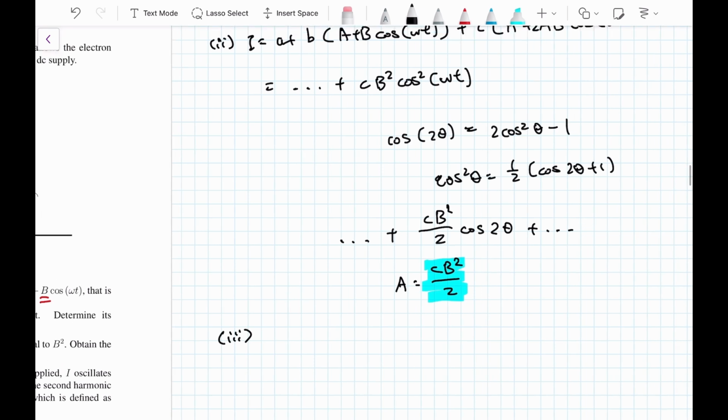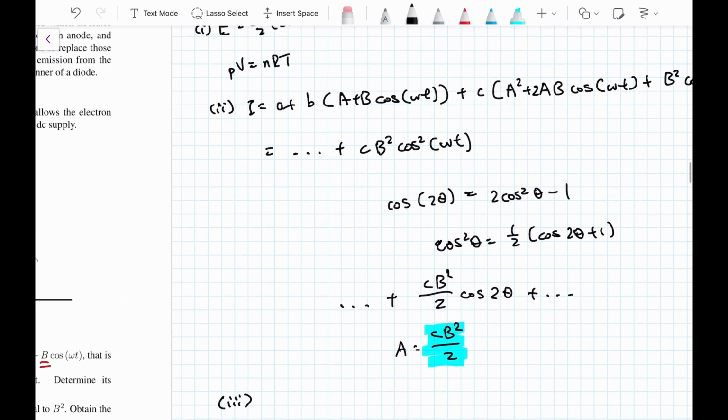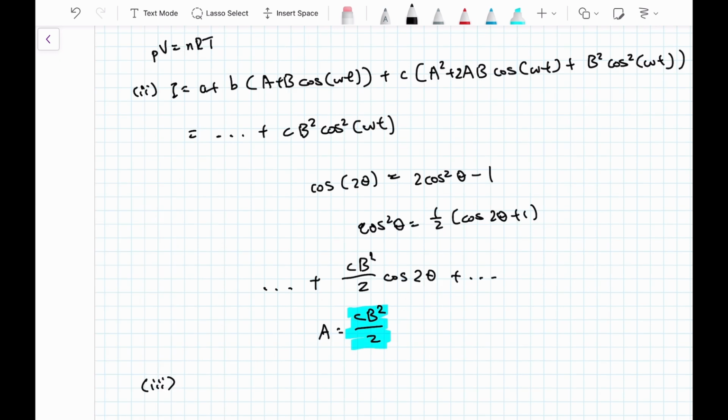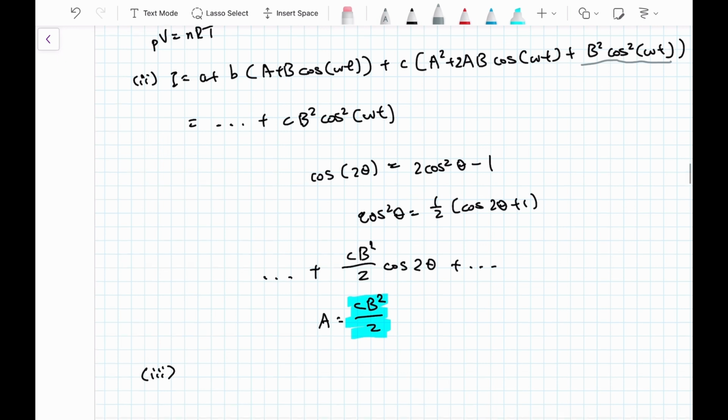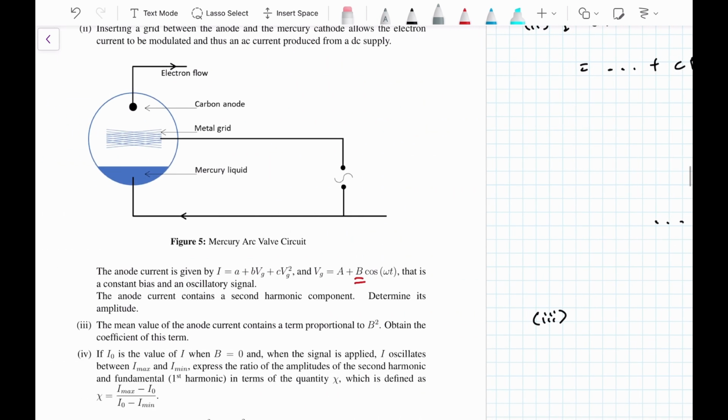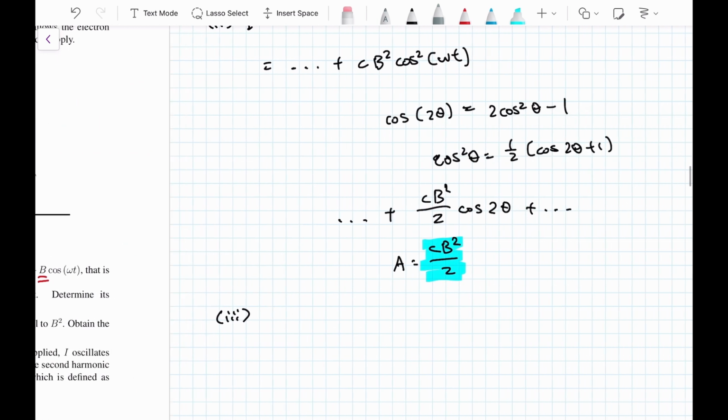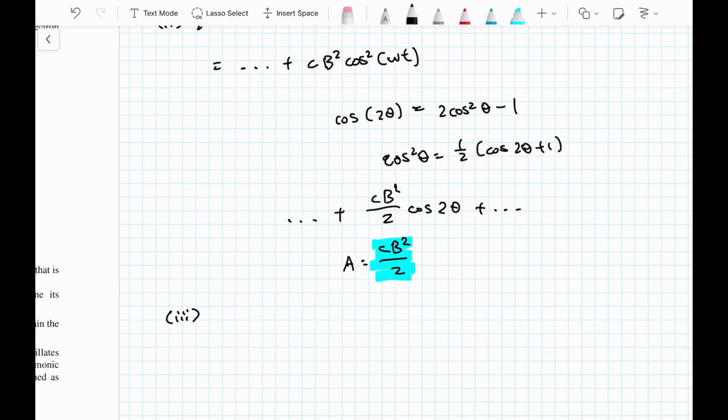The only possible term is just this one, and we already got its coefficient, which is cb squared over 2, and that is just the answer to the question. The term is just equal to cb squared over 2.